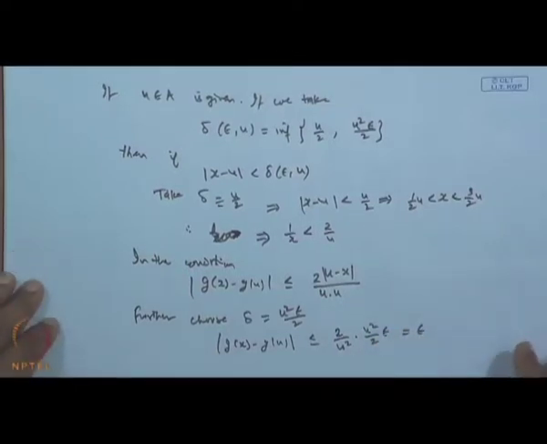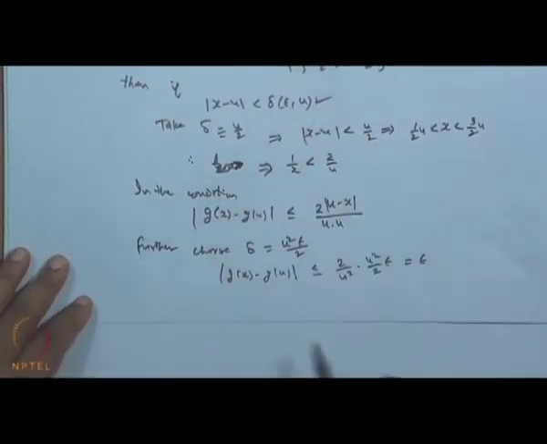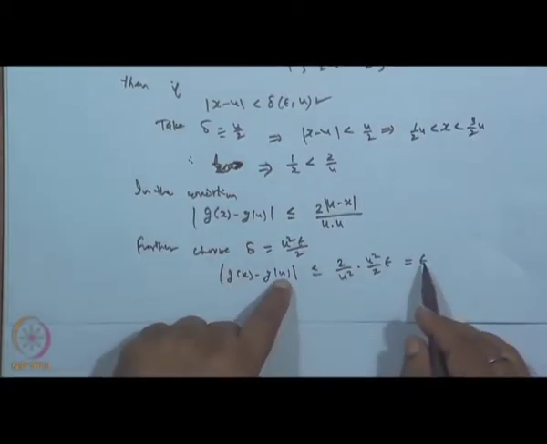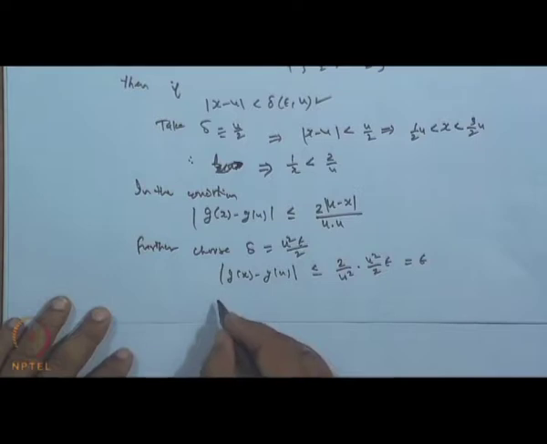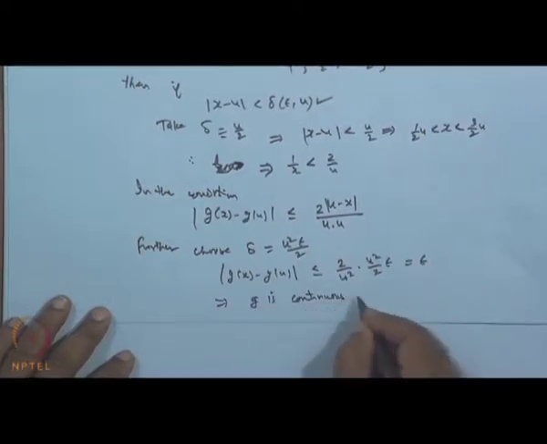So, this holds that if |x minus u| is less than delta for all such x, then |g(x) minus g(u)| will be less than epsilon, and this is true. So, this shows that g is continuous at u belonging to A.